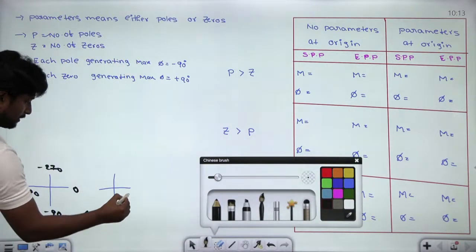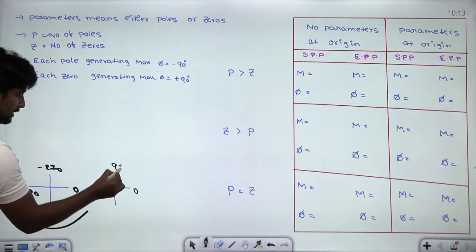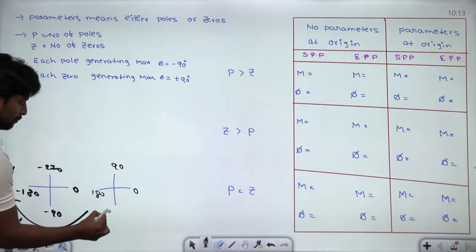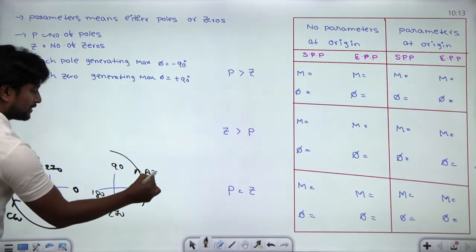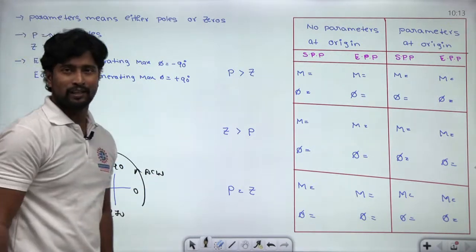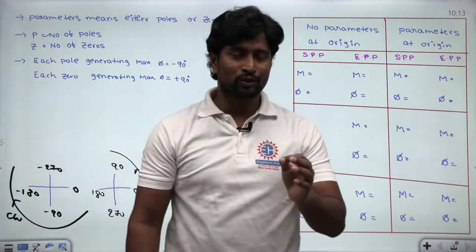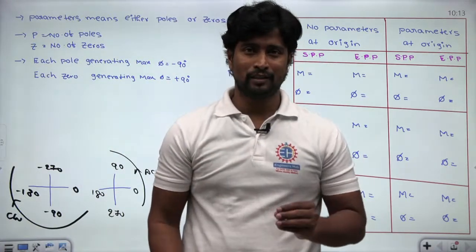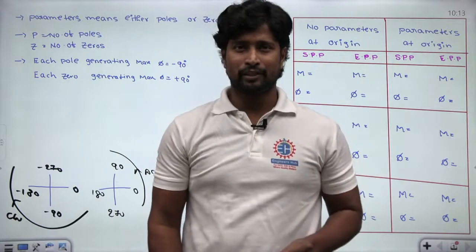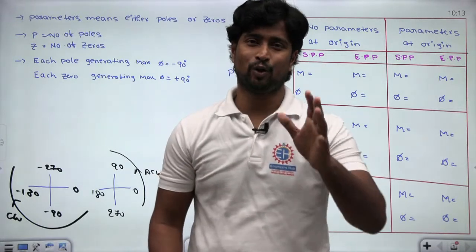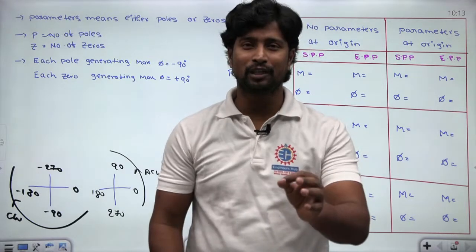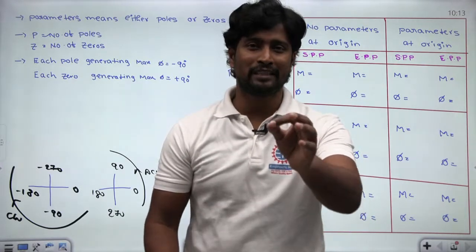And see once, 0, plus 90, plus 180, plus 270, and like that, it is indicating anti-clockwise direction. So here, one more small hint, guys, carefully listen. Whatever the given transfer function, if poles are dominating, damn sure the plot direction is clockwise. If zeros are dominating, damn sure the plot direction is anti-clockwise.